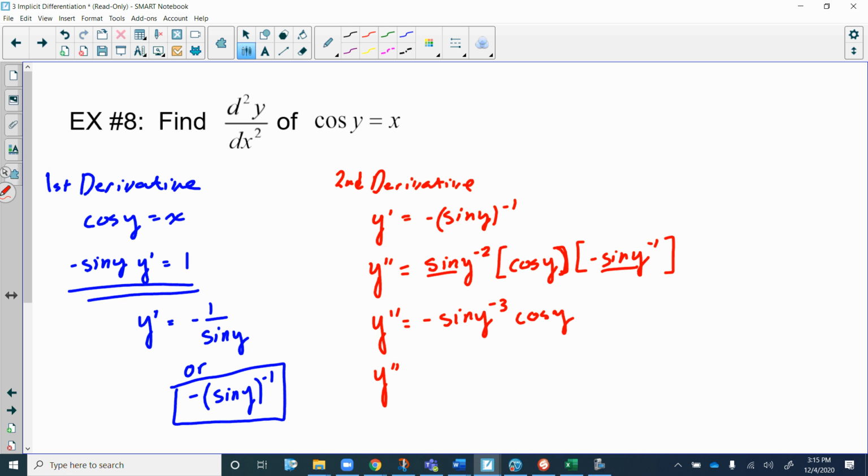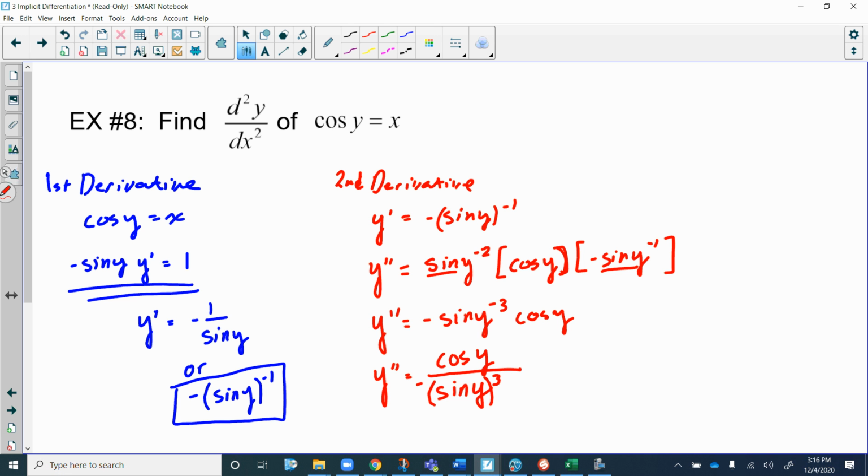So y double prime is equal to cosine of y over, or the whole fraction is just negative now, sine y to the 3rd power. I should probably put that in parentheses, otherwise I would say sine cubed y, but I think that works out okay.